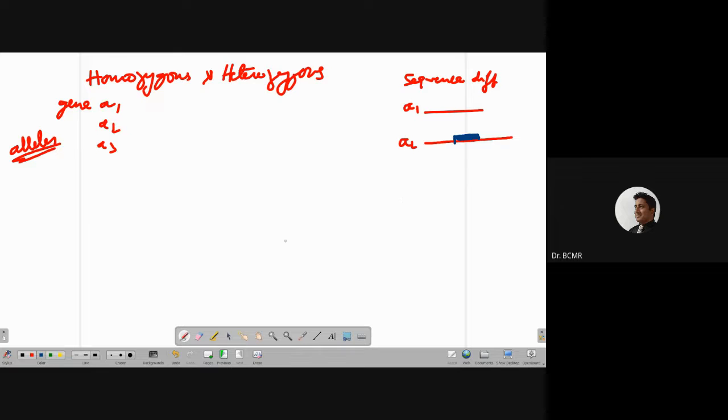You could also have A3 having a deletion, okay? But I will not take that right now. What I'm trying to say is A1 and A3 are almost the same, except there is a small difference.